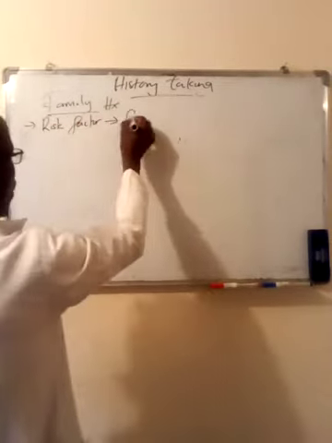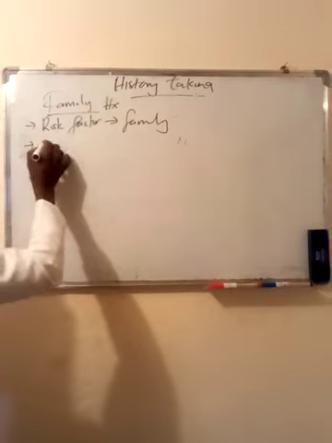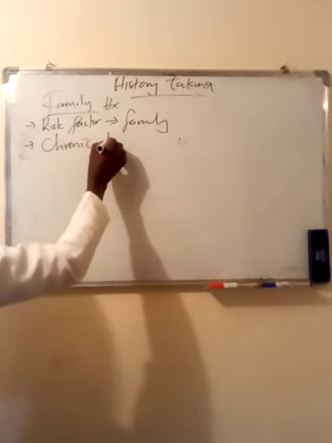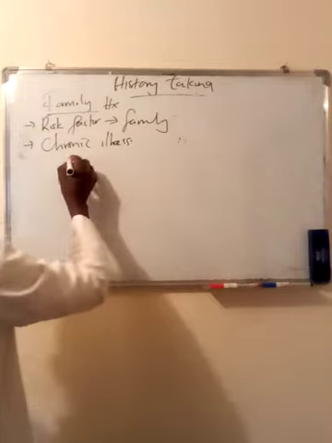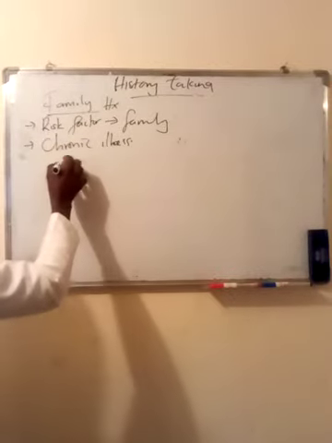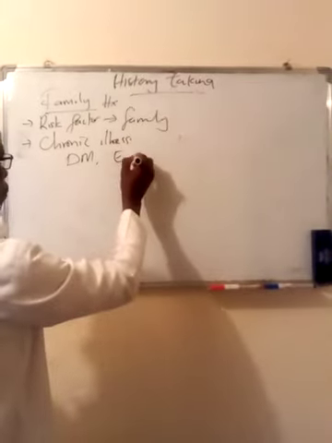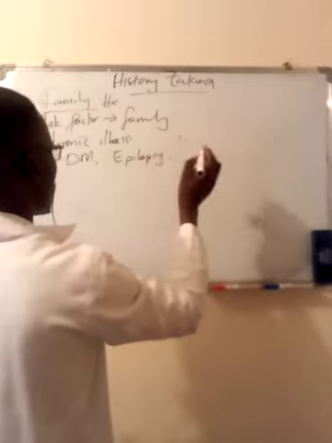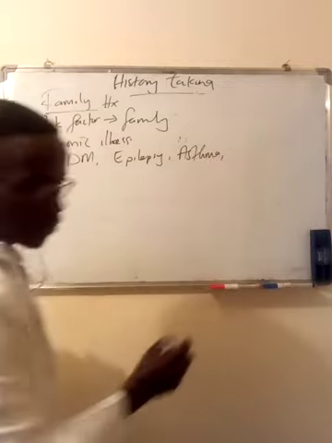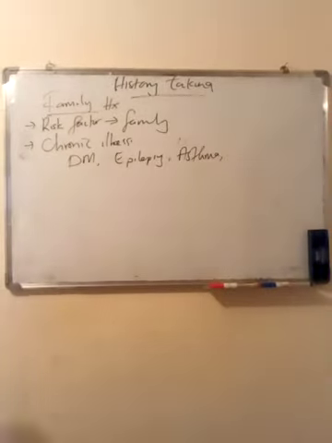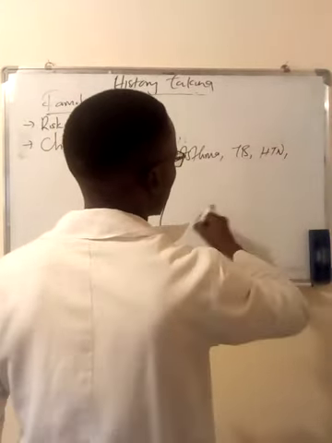Now, what are we looking for? We're looking for chronic illnesses such as, remember, in the past medical history, we looked at diabetes, epilepsy, asthma, then we also have TB, hypertension, and sickle cell disease.